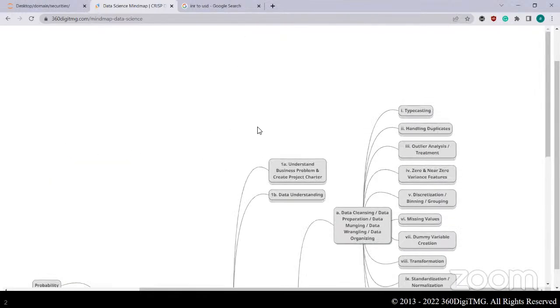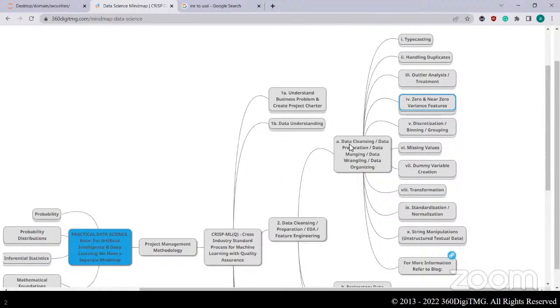And then we have zero variance or near zero variance features. What this means is, if you have a column for country and the entire column is India, all the way to the end, India, there is no variation in this column. There is no differentiation in this column. Everything is the same. Okay.